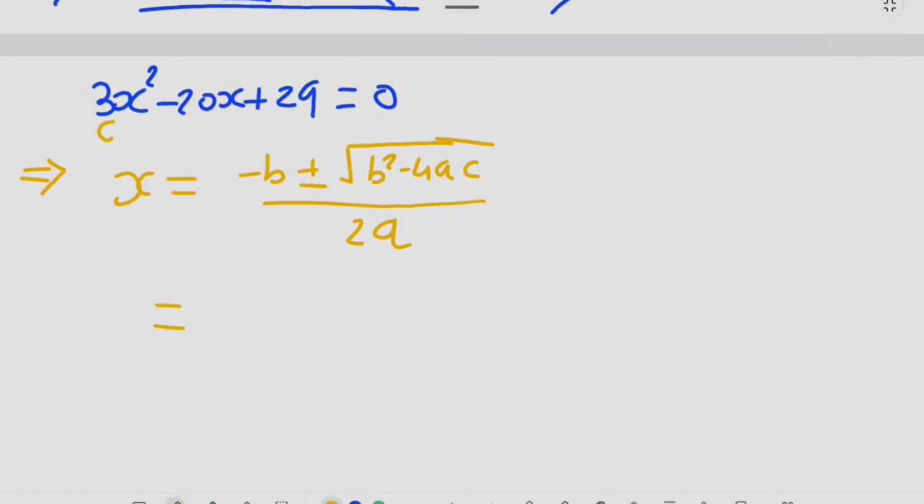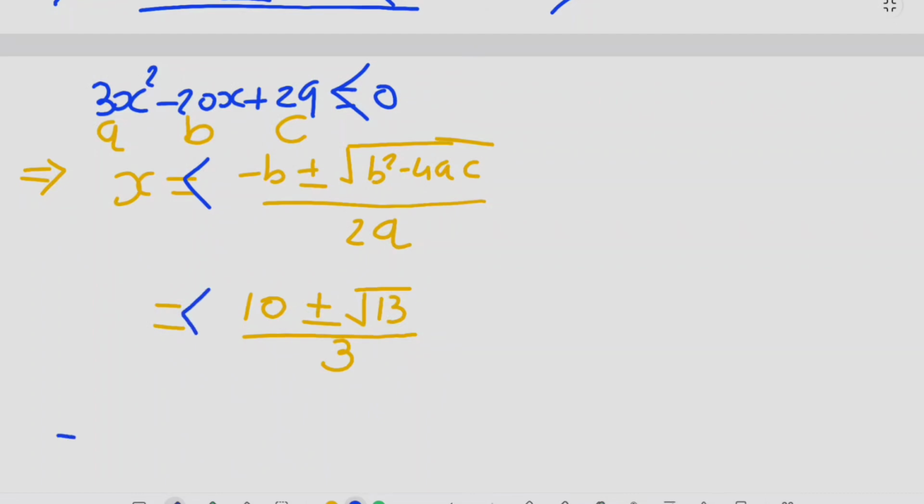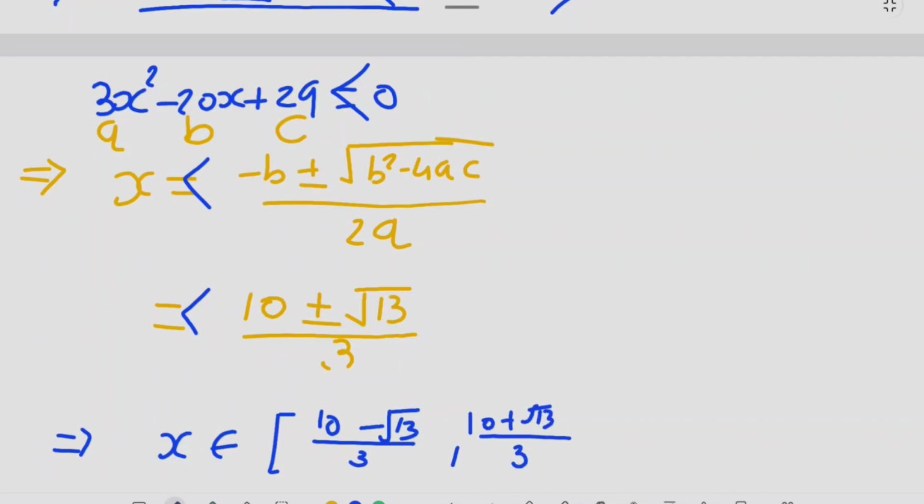If you put here a is 3, b is minus 20, c is 29, so our answer will be, since we have less than here, x is in the interval 10 minus root 13 divided by 3 up to 10 plus root 13 divided by 3. Okay.